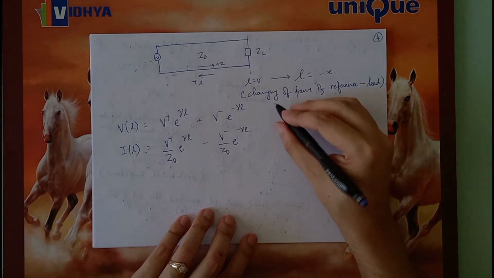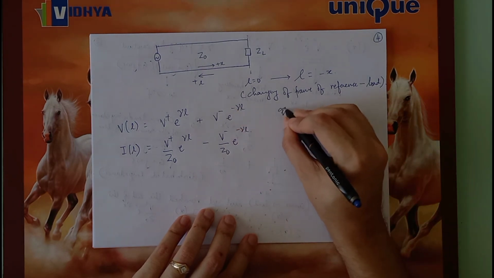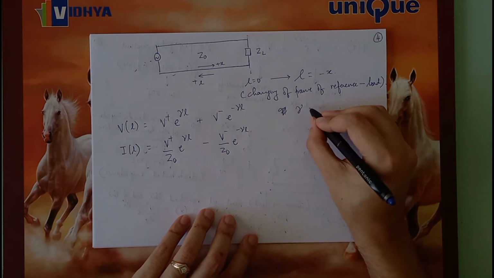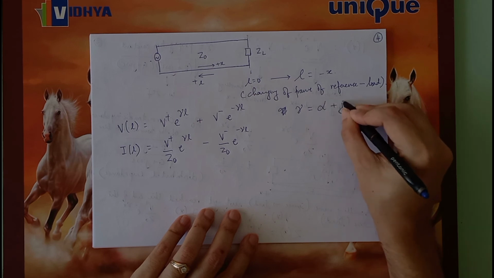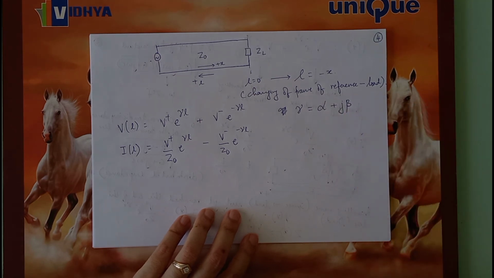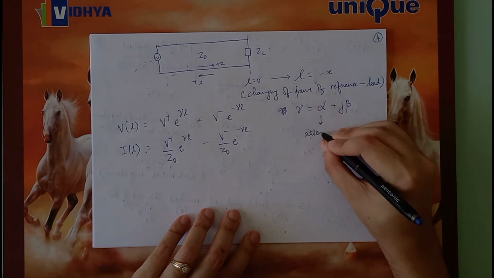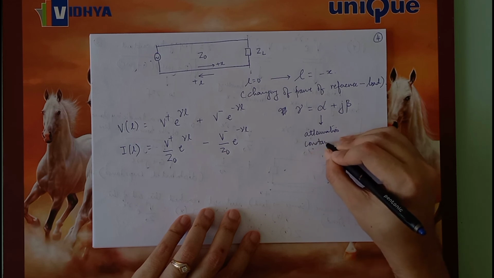So as we discussed earlier, this gamma, which is the propagation constant, the small gamma, can be represented as a complex number alpha plus j beta, where alpha is called the attenuation constant. Why?